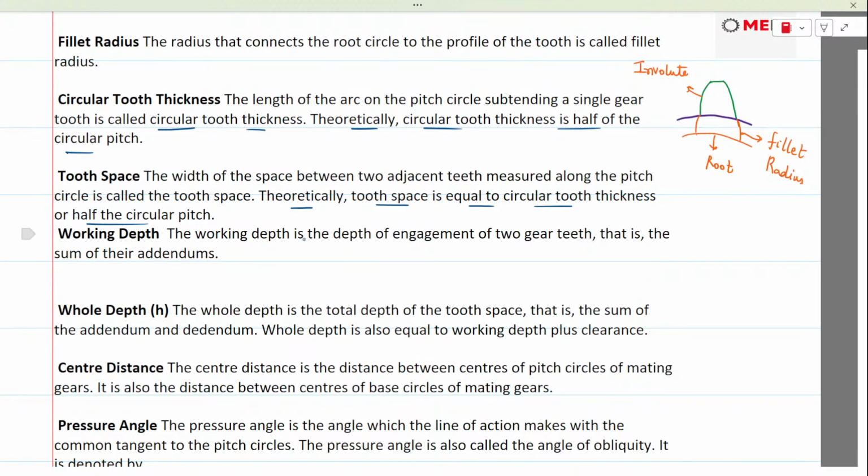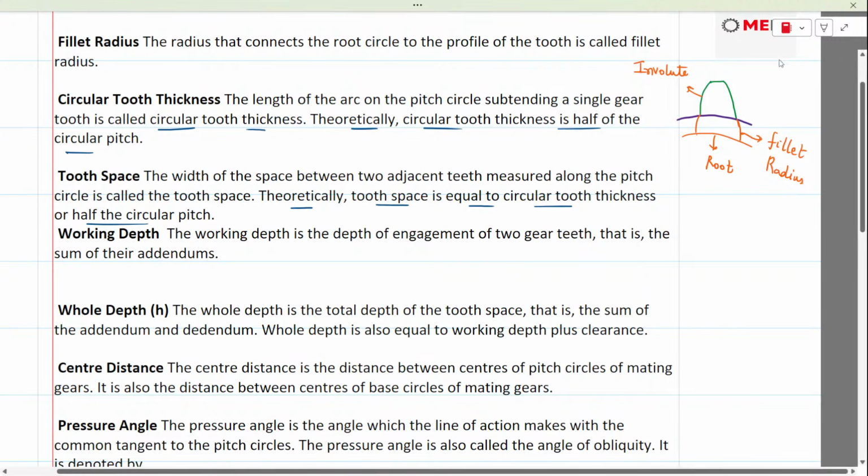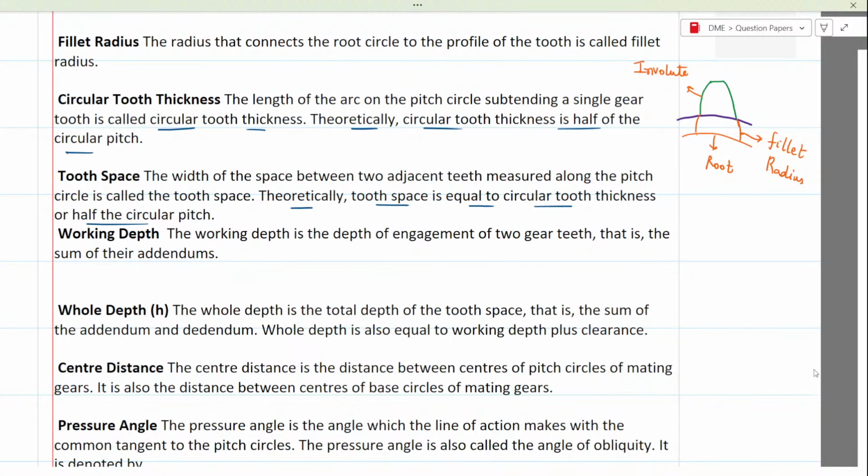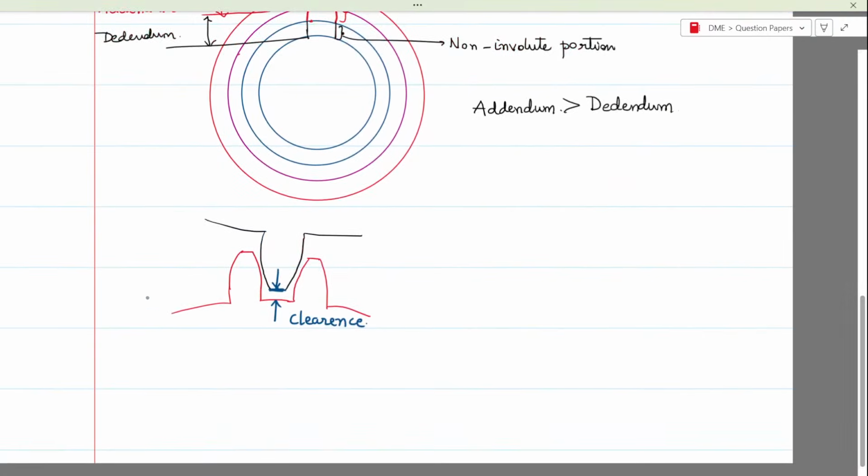Okay. Next is working depth. Working depth is the depth of engagement of two teeth, and this is the summation of addendums. So when the two teeth are in action, that is called working depth. I have taken this diagram and let me highlight it for you. This is the pitch circle of the red color gear, and let me draw the pitch circle of the black color gear.